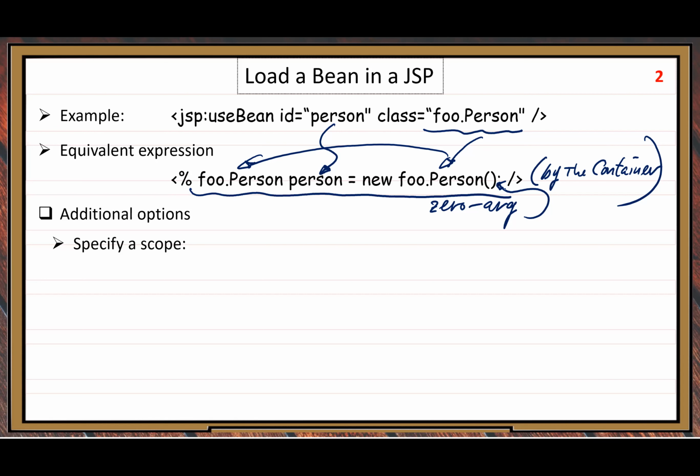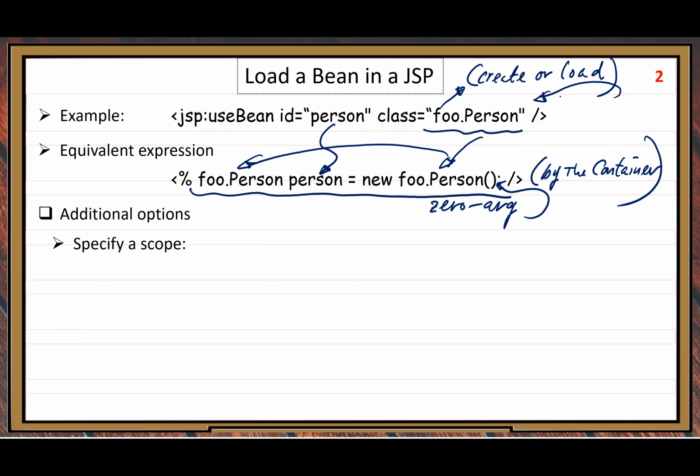Specify a scope. Here, this line actually contains two possible things you can do: create or load, because these two actions happen in two different situations.